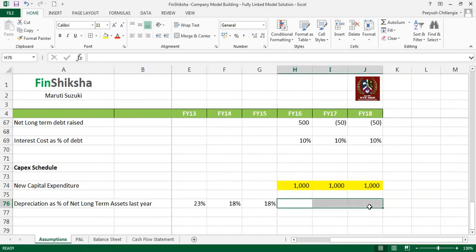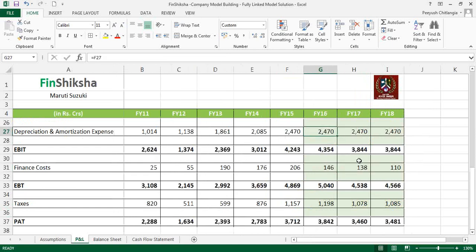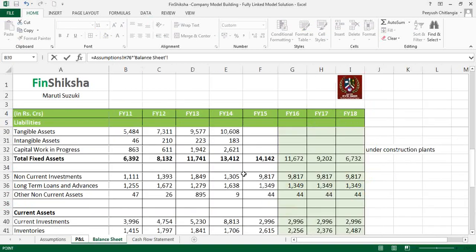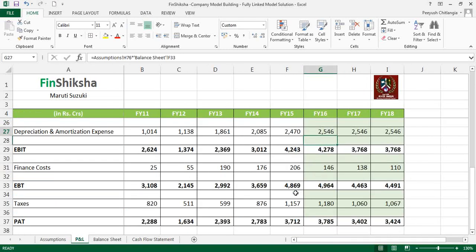So let's assume that these three are going to be 18% each, and once we put these three as 18% each, then we can go to the profit and loss account, and instead of linking this here, we can say FY16 depreciation is the same as 18% into FY15 total fixed assets, that is here, correct? So we calculate that and we get our depreciation number here, correct? And then we can drag it ahead.